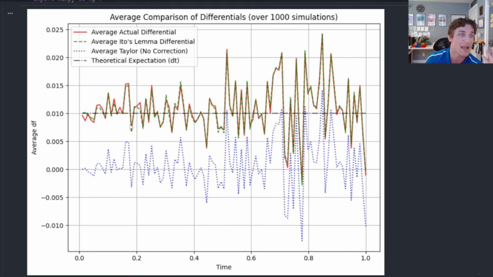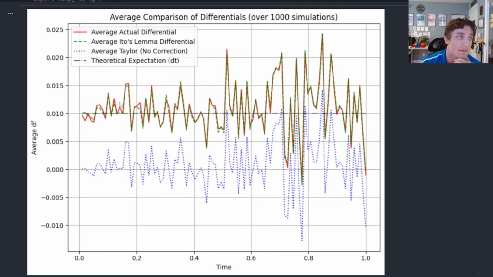But take a look at the Taylor differential with no correction term from that Brownian motion, that differential of Brownian motion squared being dt. You can see that it is nowhere near the correct value, and that is the source of the Ito correction term. We need to shift that up, and that's precisely what Ito's lemma does.